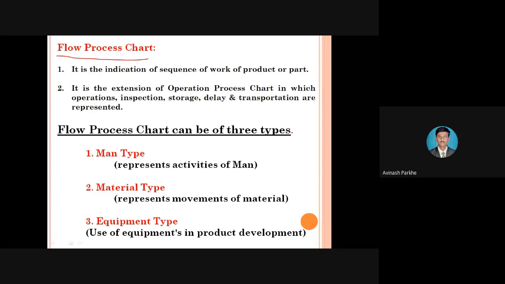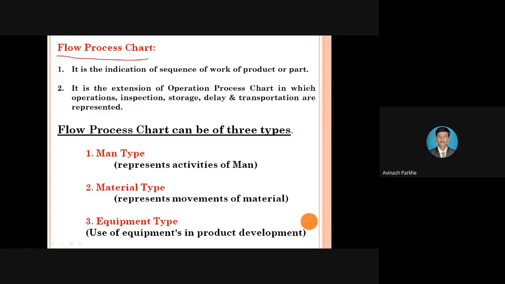For example, your product is moving from one machine to another machine, from second to third, third to fourth, and that flow is represented using this flow process chart. In addition, the operators and workers are also moving from one machine to another, from second to third, third to fourth. Whatever movement takes place from one workstation to another is also represented using this flow process chart.